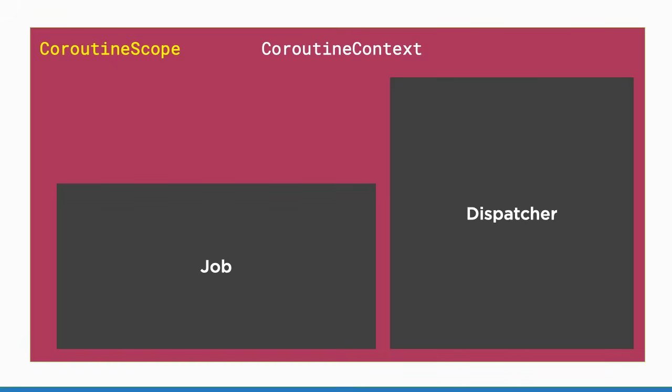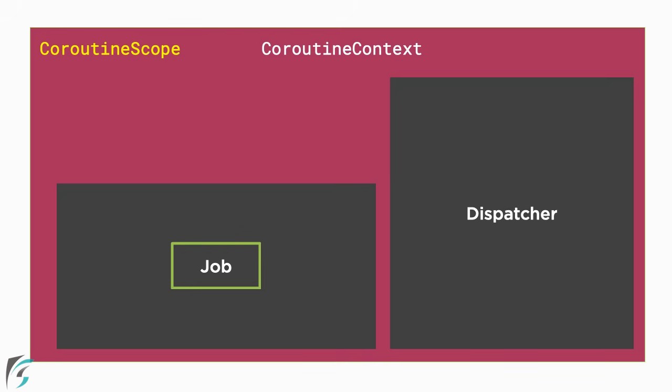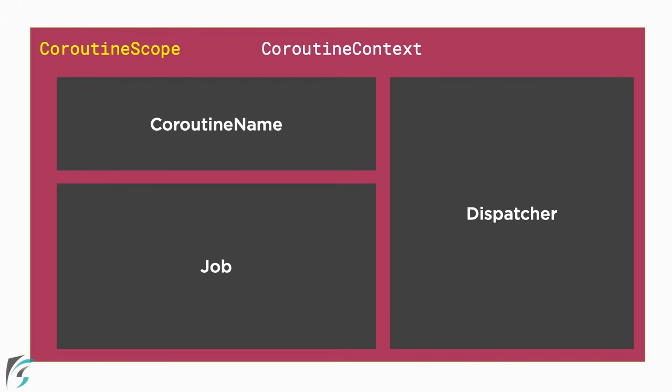This is very important. And you are already familiar with what this job object means and how using the job object you can control your coroutine. I hope you remember this from the previous videos. And apart from these two, you can also assign a name to the coroutine. Fine, which we will explore later.